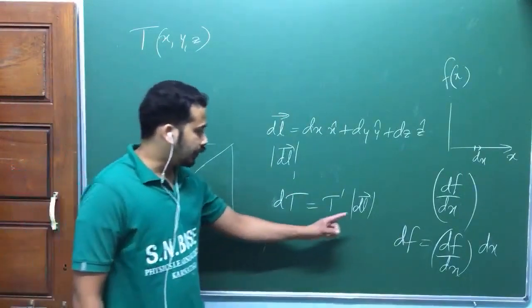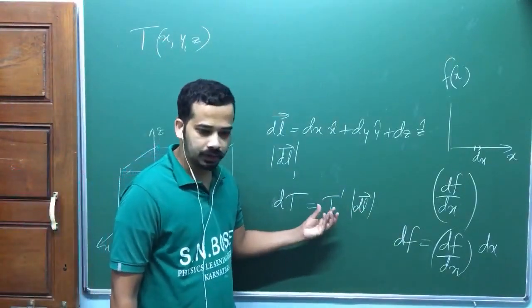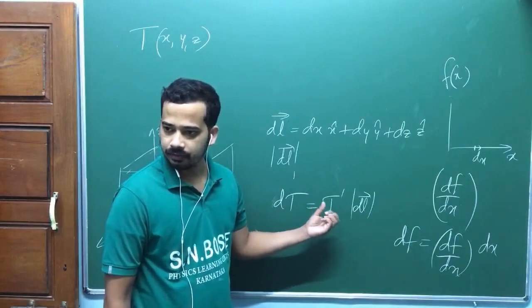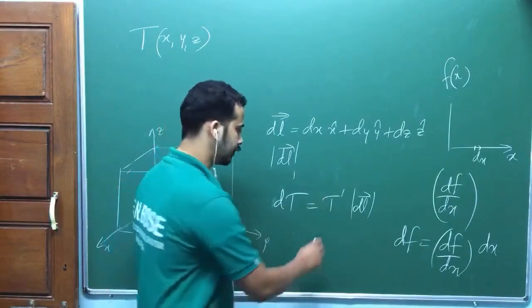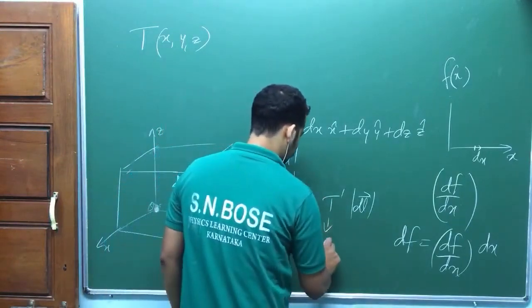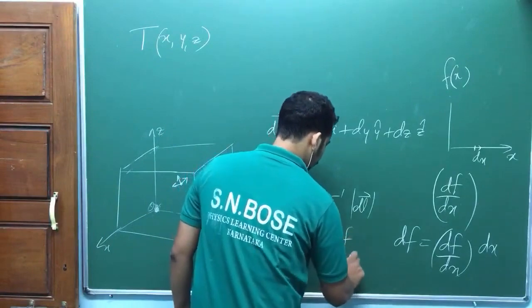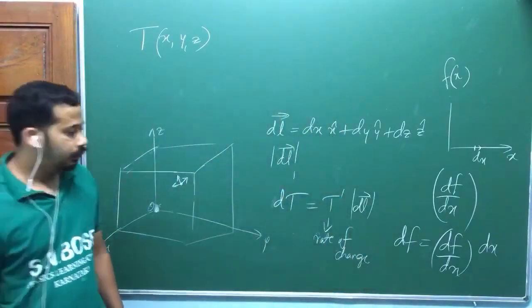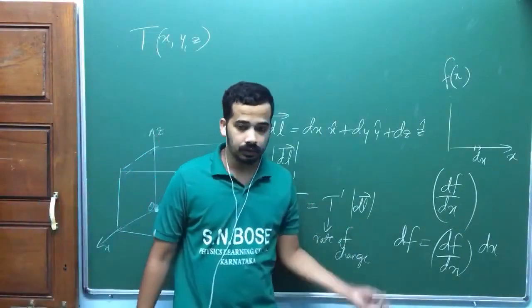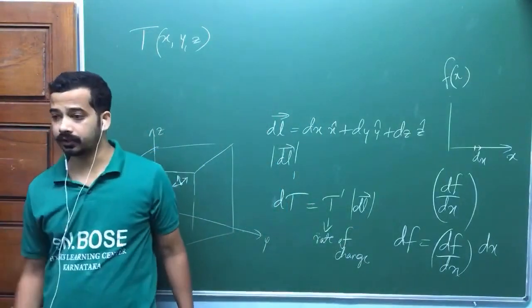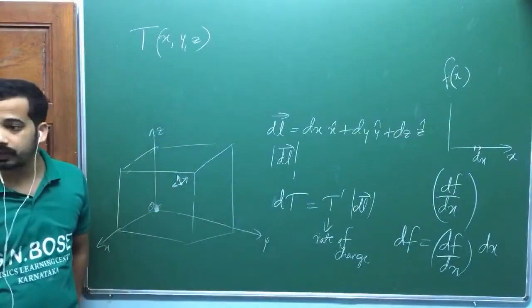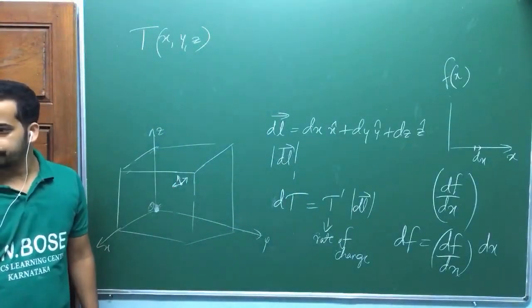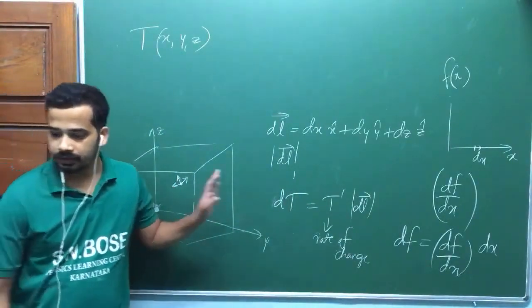Now again, for each and every direction, will you define this derivative, or rate of change? This is the rate of change. We are in the situation where we may need to define a rate of change for each particular direction. How many directions can you move? Infinitely many, isn't it? So that's the situation that we are in.